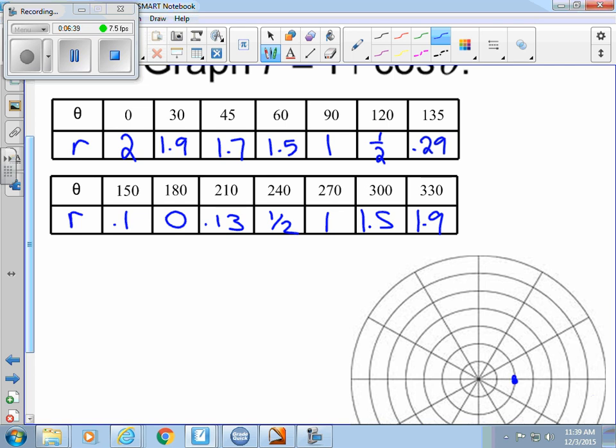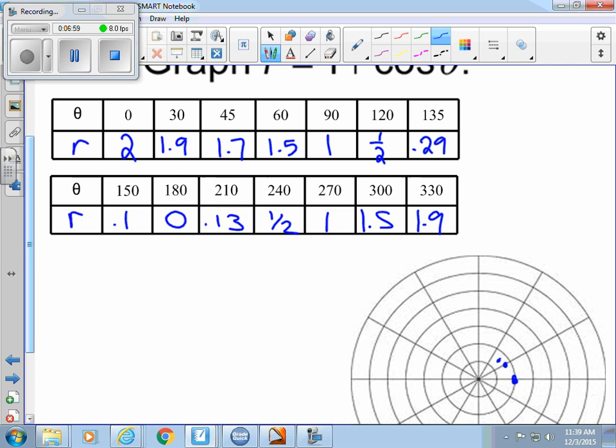Okay. 30, 1.9. So a 30-degree angle, 1.9. 45, 1.7. What am I going to do in between those two lines there?